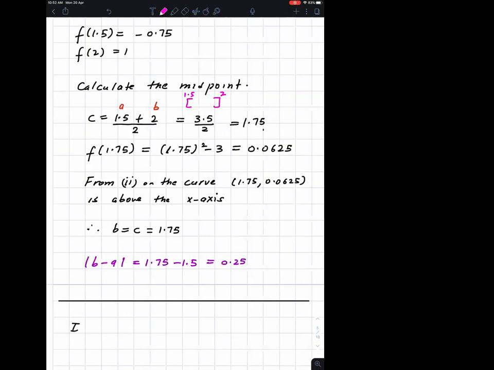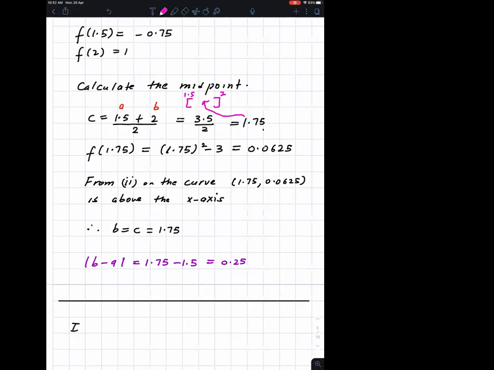Then you're going to get a new C value, which is 1.75, somewhere in between. So we need to plug this into the equation and find out the corresponding value.